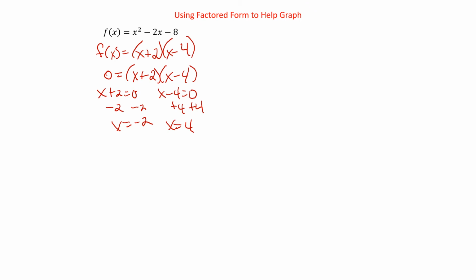We can find the vertex. Remember, the vertex is at negative b over 2a, so we have negative negative 2 over 2 times 1, which is 2 divided by 2, just 1. We can plug that in to find the y value.